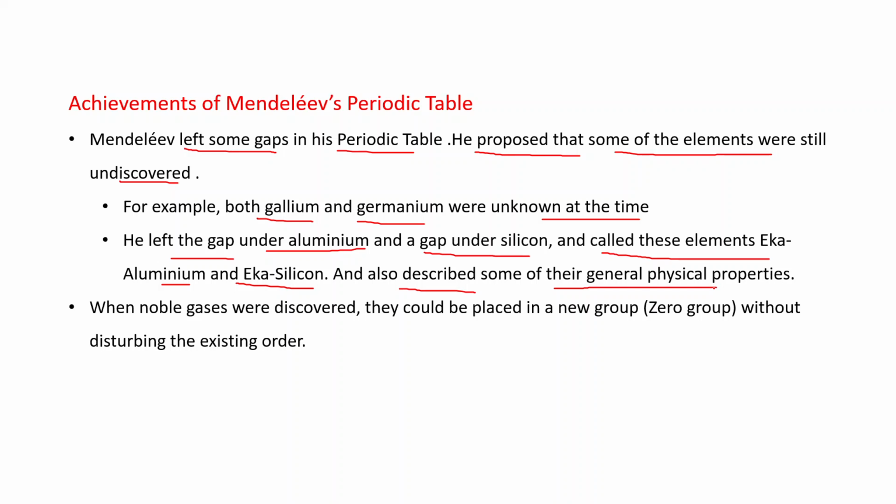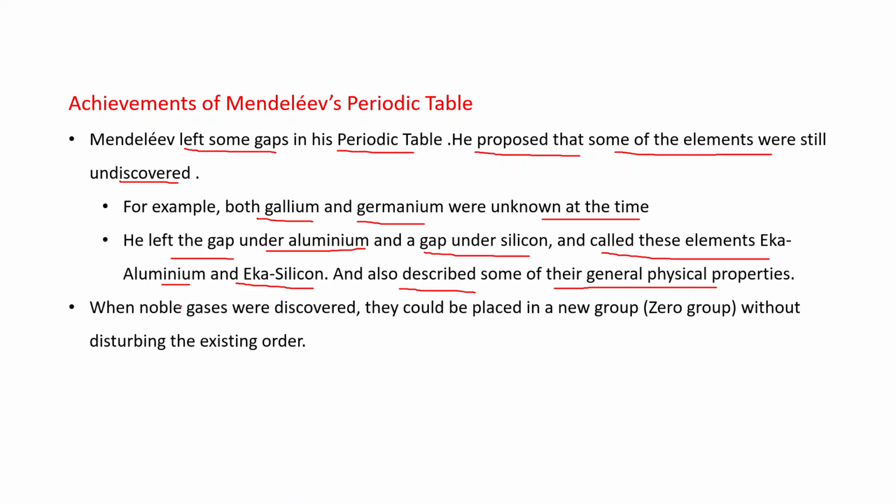This is one of the most popular advantages of Mendeleev's periodic table. When gallium and germanium were discovered later on, there were many similarities between the properties predicted by Mendeleev and their actual properties.